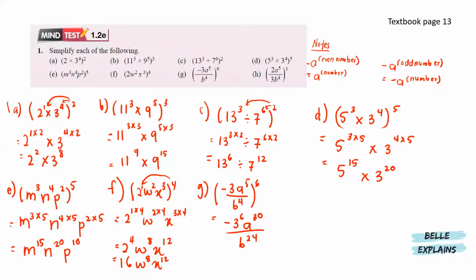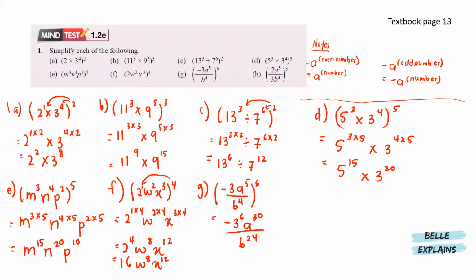And as I have written here in notes, we have a negative number. When it is to the power of an even number, the base will become a positive value. As for a negative base to the power of an odd number, the answer will be a negative value. Let me explain here first.